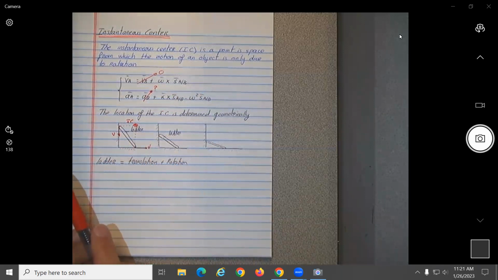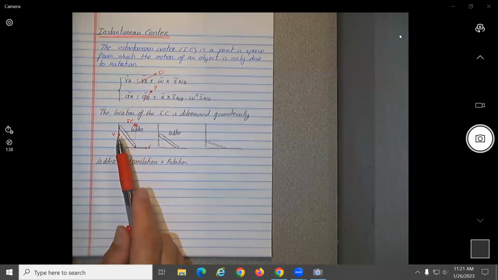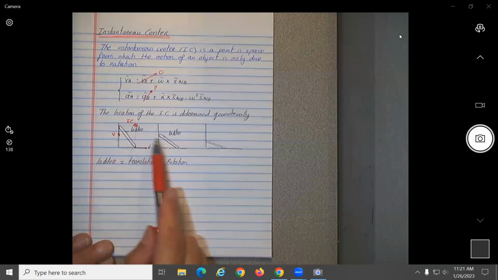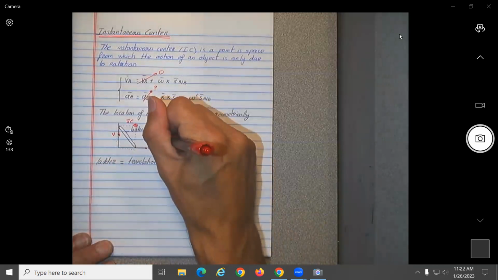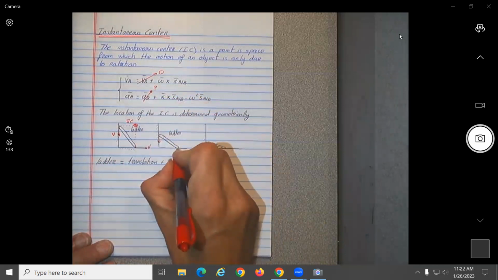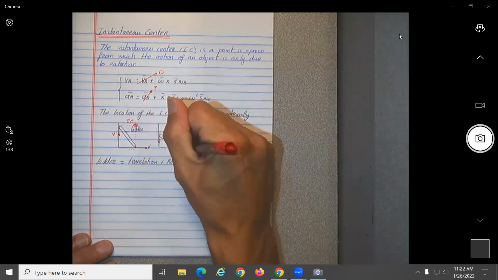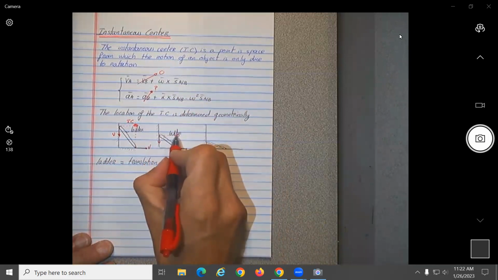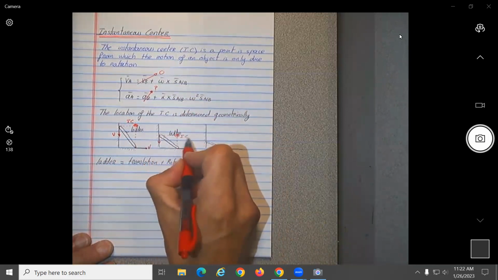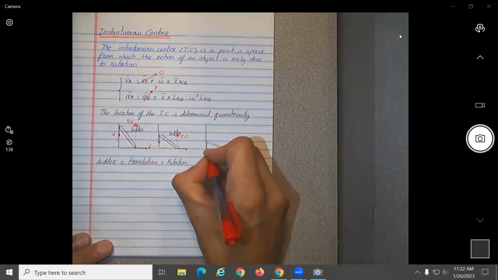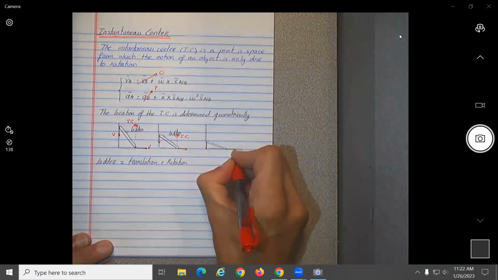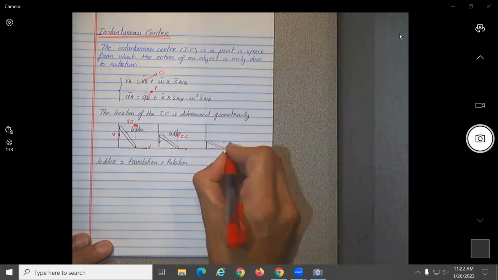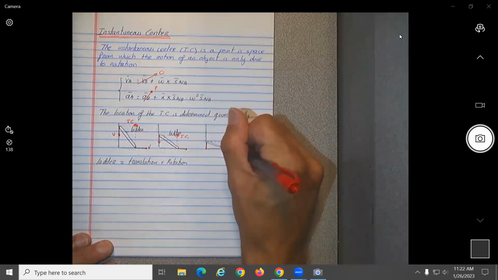Now, is that point constant in time, or is it going to change? You see, at each instant it is going to change, no? Let's say if you take pictures, at each instant it changes. So the next one is going to be here. The instantaneous center will be located over here. And finally, this instantaneous center will be located over here.